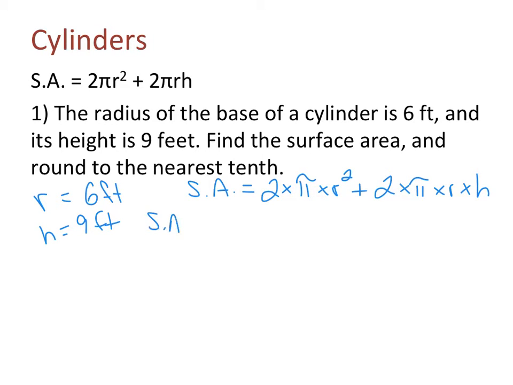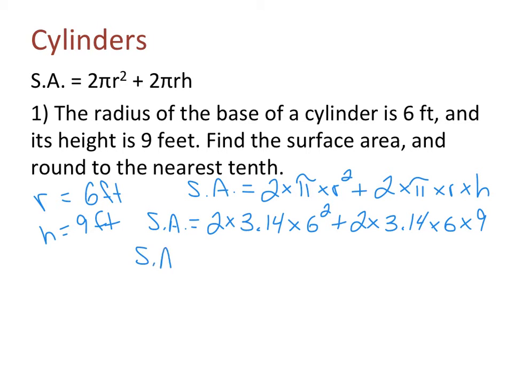So plugging in, we'll have 2 times 3.14, so that's what we'll use for pi, times 6 squared plus 2 times 3.14 times 6 times 9.